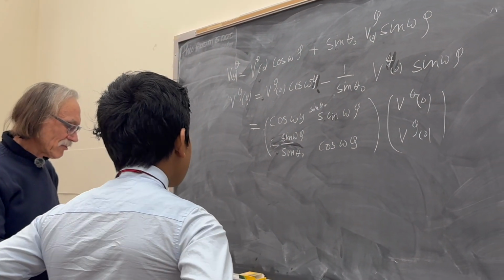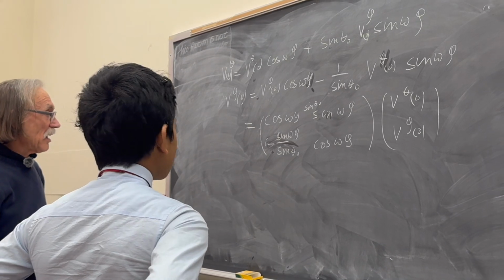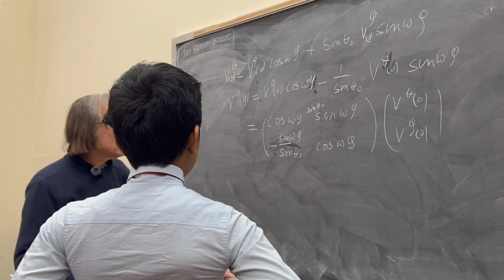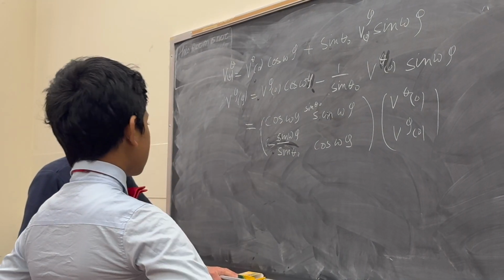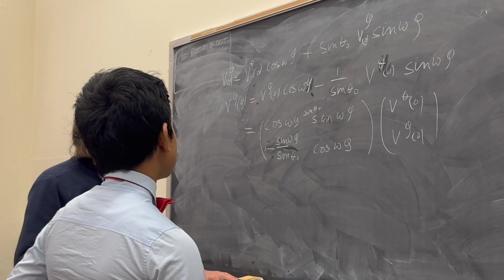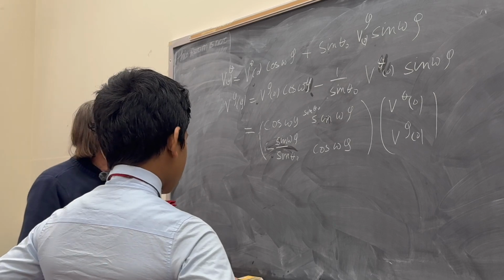So this is the matrix notation, and omega was cosine of theta 0.